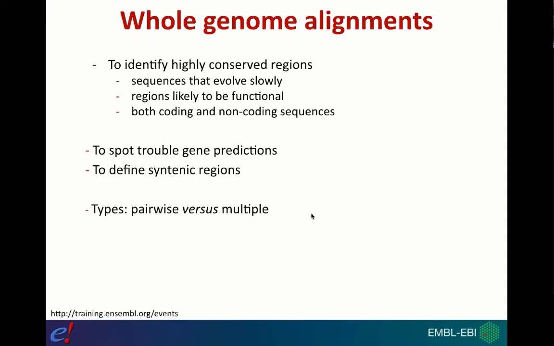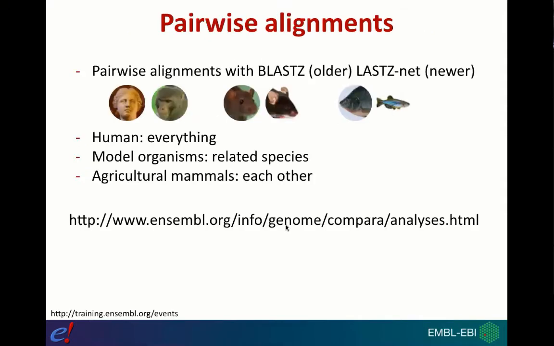There are two types of whole genome alignments that we perform in Ensembl, pairwise and multiple. The pairwise alignments are performed with BLASTZ, which is older, or more recently we've been using LastZNet. We perform the pairwise alignments against paired species. For human, we align the human genome against every other species in Ensembl.